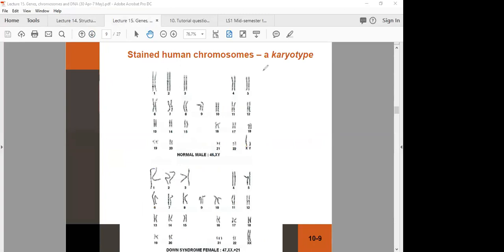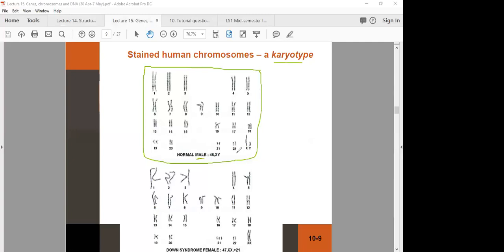If you were to extract all the chromosomes from the nucleus of one cell and arrange them as they've been arranged here into pairs, you would have what's called a karyotype. So these are actual chromosomes that have been extracted and arranged as such, from a cell of a male human.